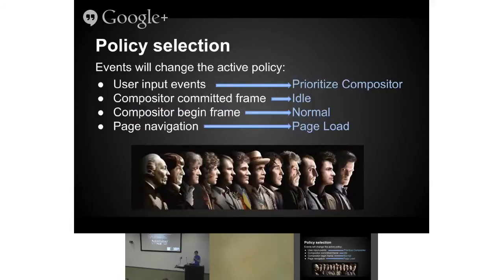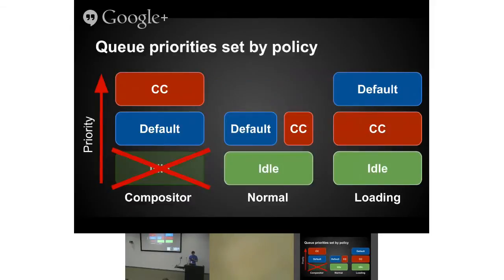We call these different modes policies, and basically we're looking at different signals from the system and using those to determine the currently active policy. Some examples here, like input and the compositor's events, are used to choose these policies. And those policies then are mapped into these queues that I showed earlier, the priorities of those queues.